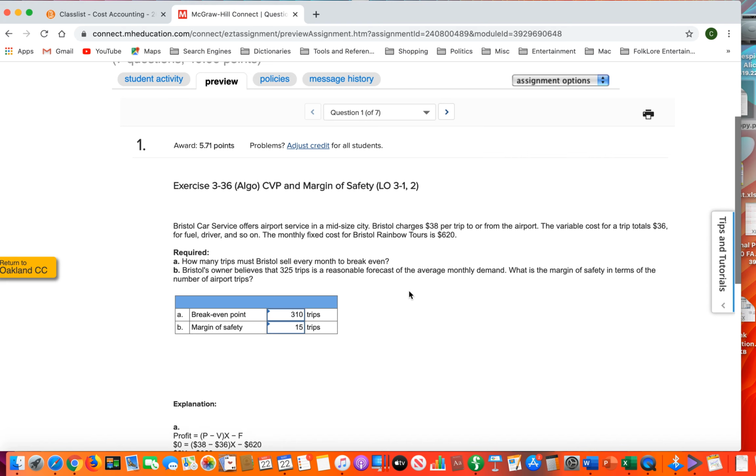And of course, below the break-even point, you're losing money. So a margin of safety is like a cushion. What is the cushion above the break-even point? And that's your margin of safety. Okay? Alrighty.